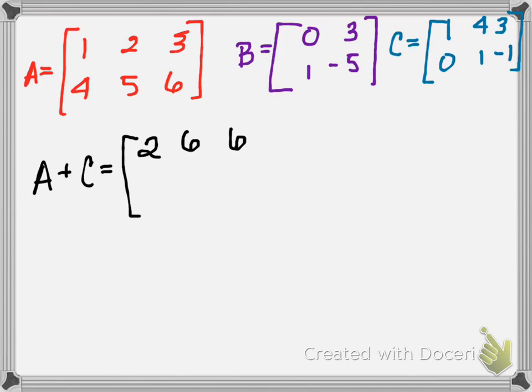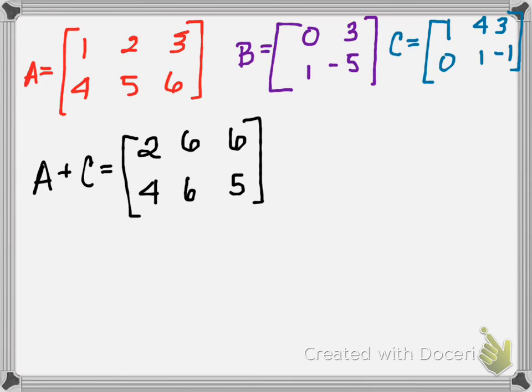To get the entry right here, the second row, first column, I'm going to do second row, first column of A plus second row, first column of C, and I get 4, and I continue on likewise.